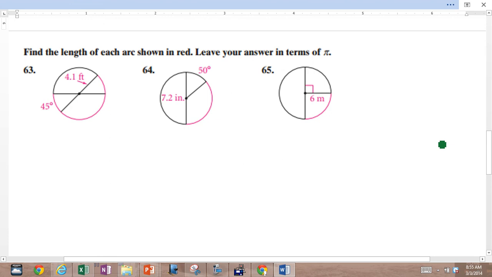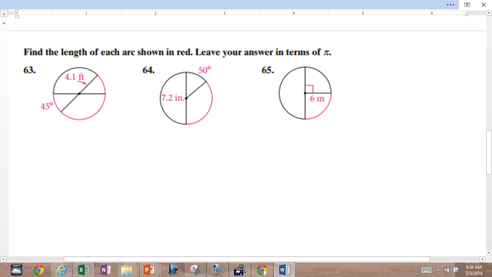Find the length of each arc shown in red. Let's do this one here. Again, I believe we're going to be looking for the arc length. So we're going to say it's a fractional part of the circle, and we can easily find any one of them.